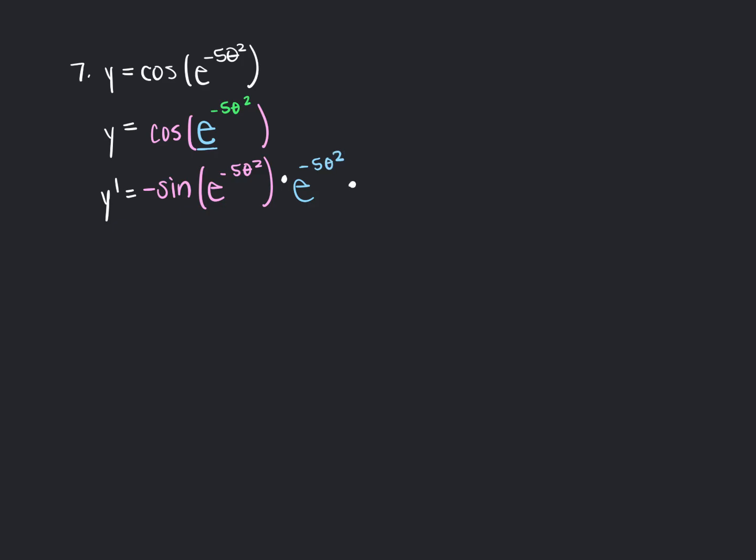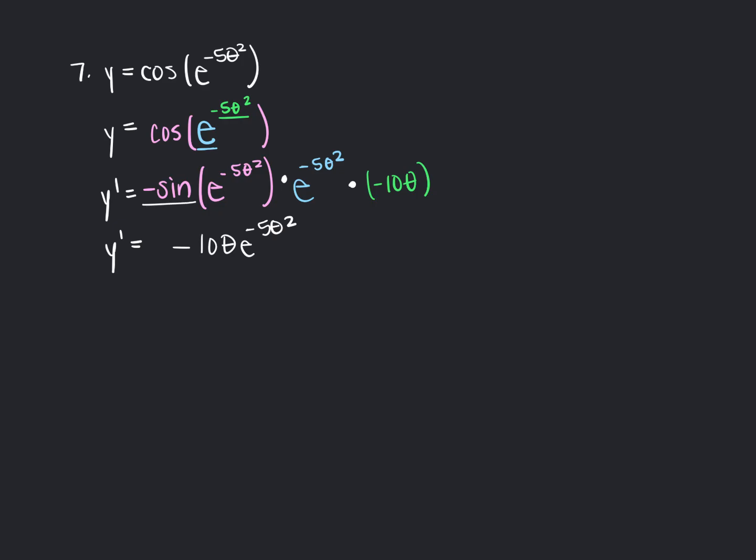And then we're going to multiply by the derivative of negative 5 theta squared, which is negative 10 theta. So when I clean this up, I'm going to have, let's see, negative 10 theta e to the negative 5 theta squared.